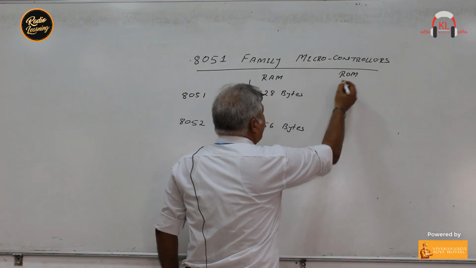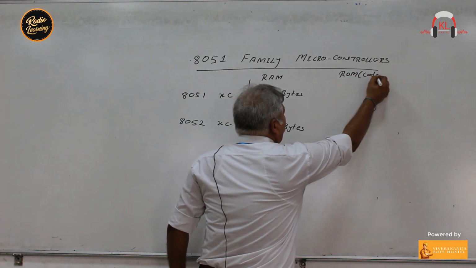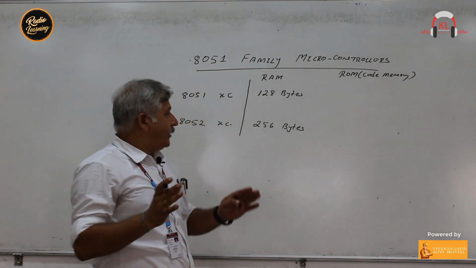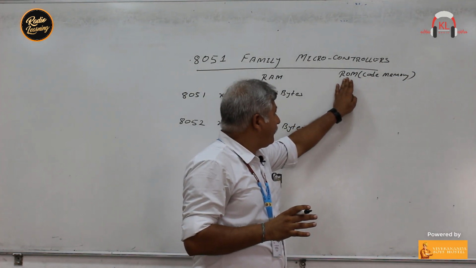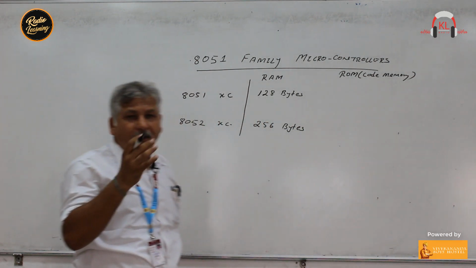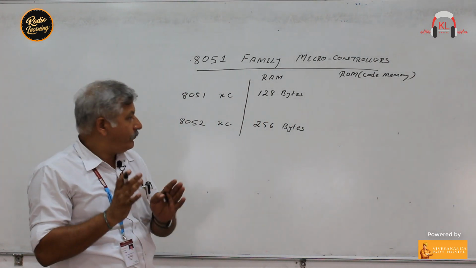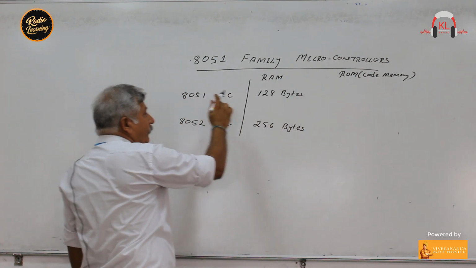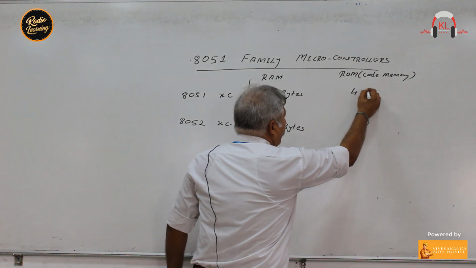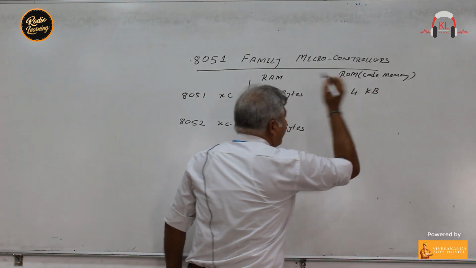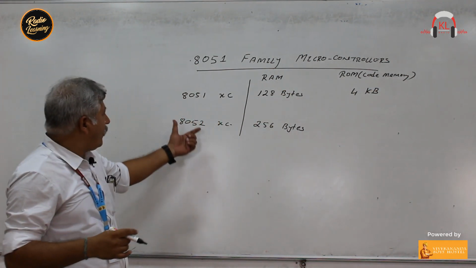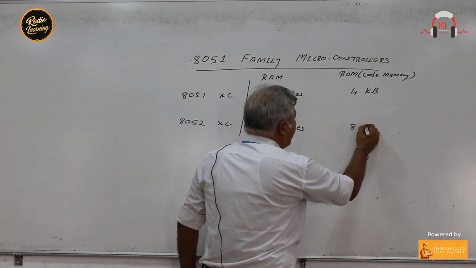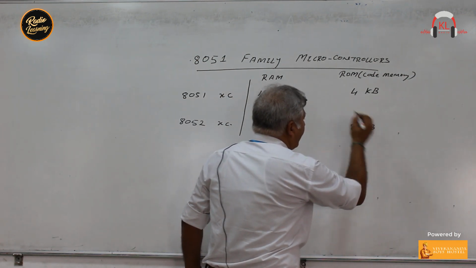Now come to ROM or code memory. Code memory, as I discussed, is the memory where we will store our program code. The size of ROM in case of 8051 microcontroller is 4 KB, and in case of 8052 microcontroller, it is 8 KB.